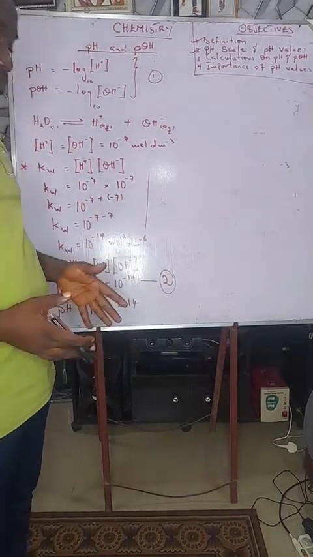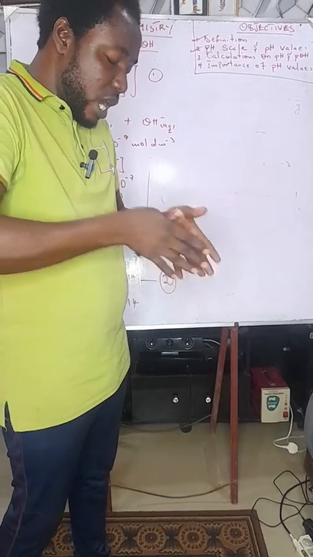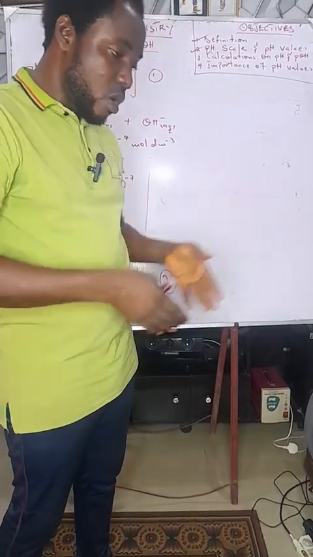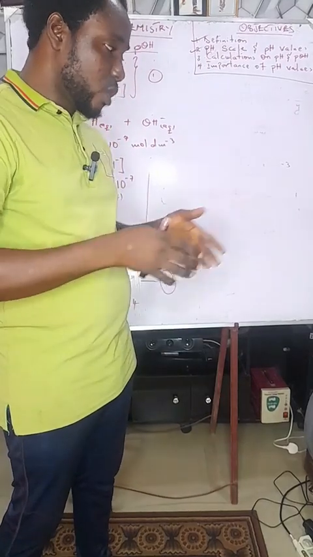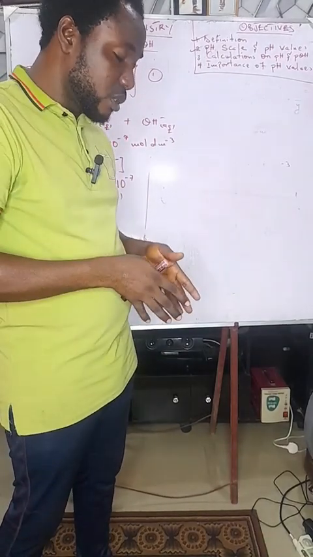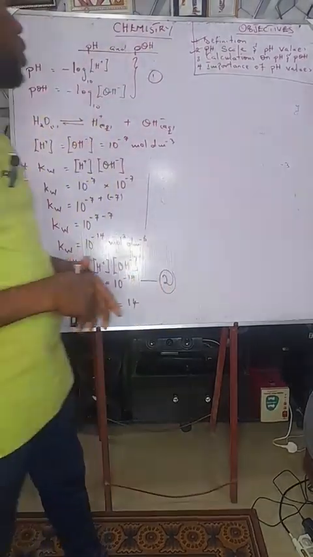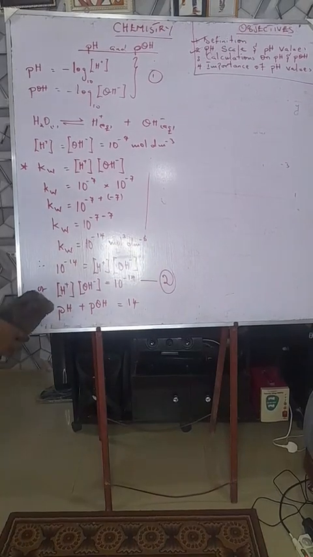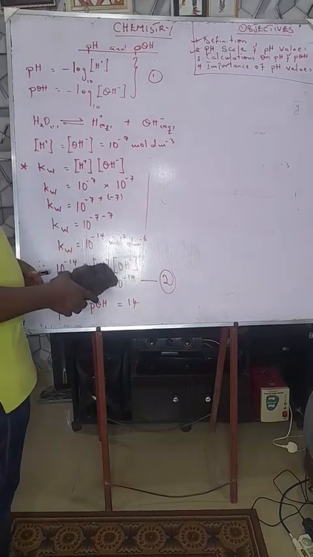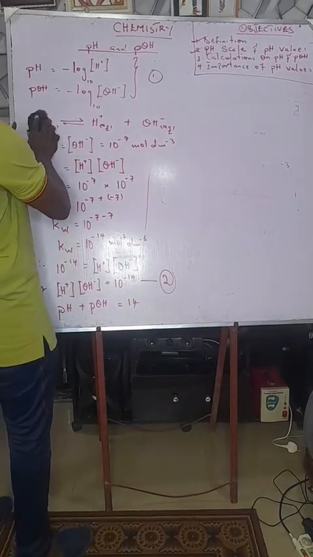You want to measure the hydrogen ion concentration or hydronium ion concentration in that solution. That is what we call the pH value. The measure of the hydrogen ion concentration or hydronium ion concentration in a solution is called the pH value.